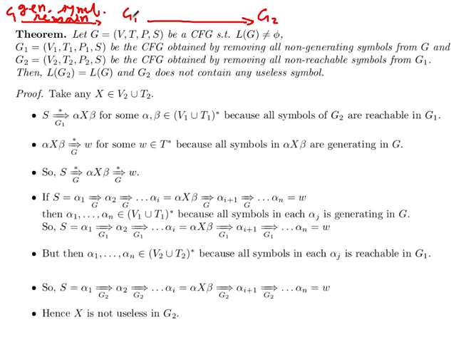So that means from G1 you are retaining all the reachable symbols. So reachable symbols remain.